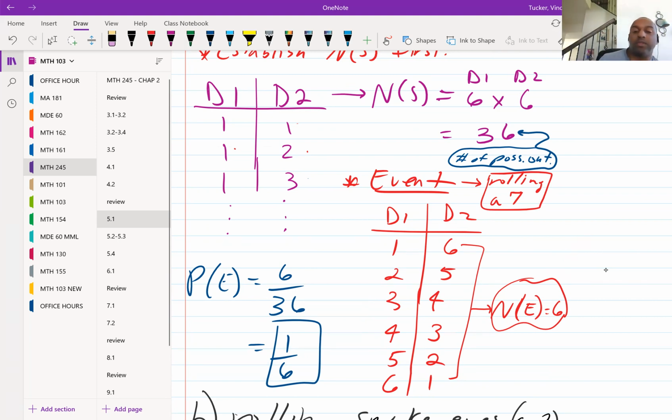So once you establish both of those numbers, then you go ahead and write your probability. That's 6 over 36, which is just 1/6.